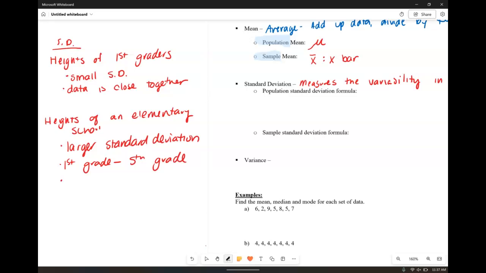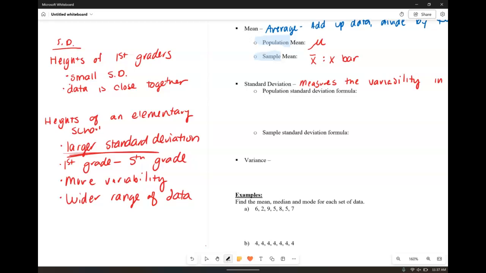Okay, and there's a lot more variability in that data. We have a wider range. You look at a fifth grader and some of them look like adults compared to first graders. Okay, so that's going to have a larger standard deviation. So the more variability in the wider range of data, that's going to have a larger standard deviation.